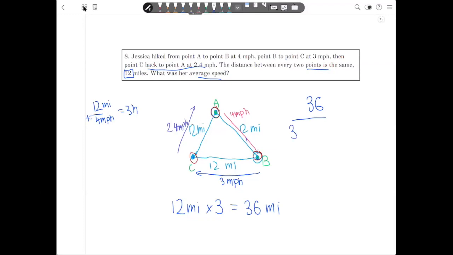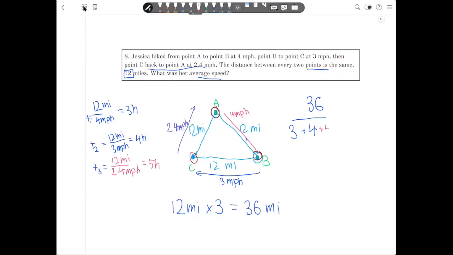T2, for the second side length, is going to be 12 miles divided by 3 miles per hour, which is 4 hours. And T3 is just going to be 12 over 2.4, right? Which is 5 hours.